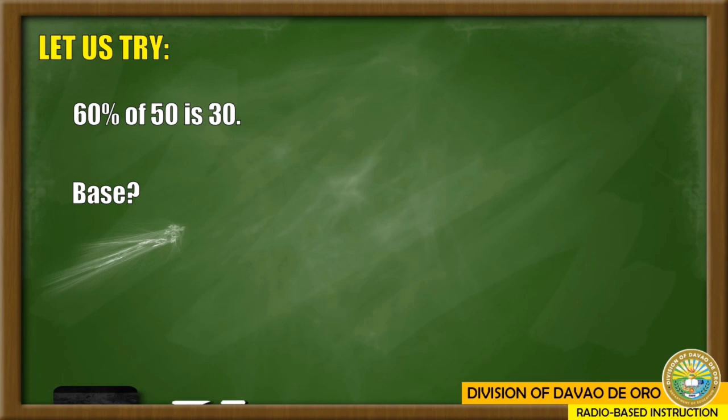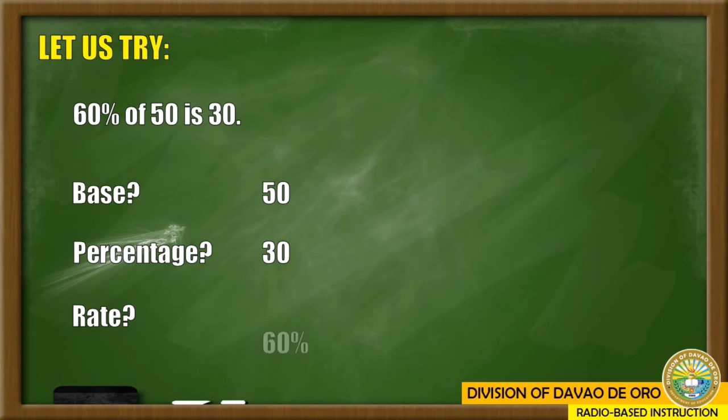What is the biggest number? Very good. 50. Good job. Now, let us answer the percentage. What is the smallest number? Very good. 30. And our rate is the number with the percent symbol. The answer is 60%. So did you understand? Very good.